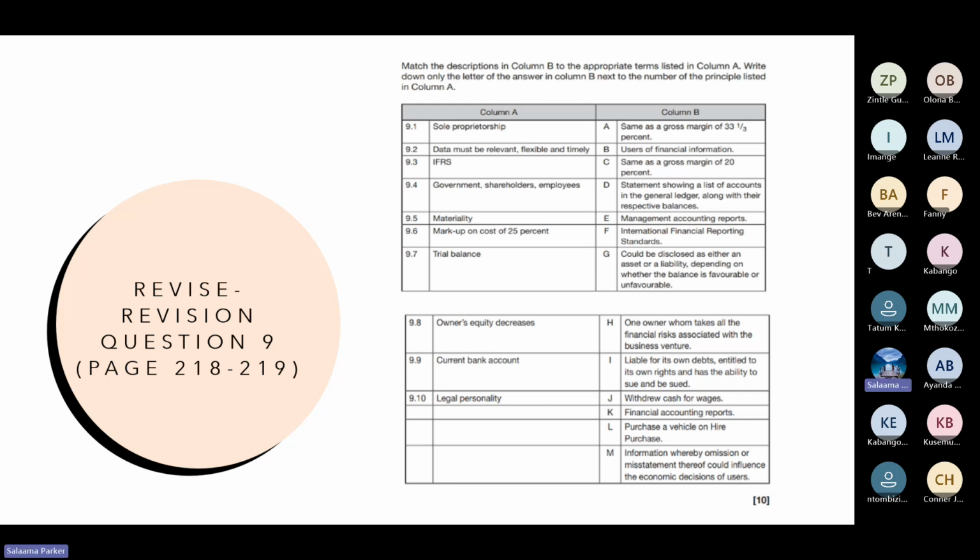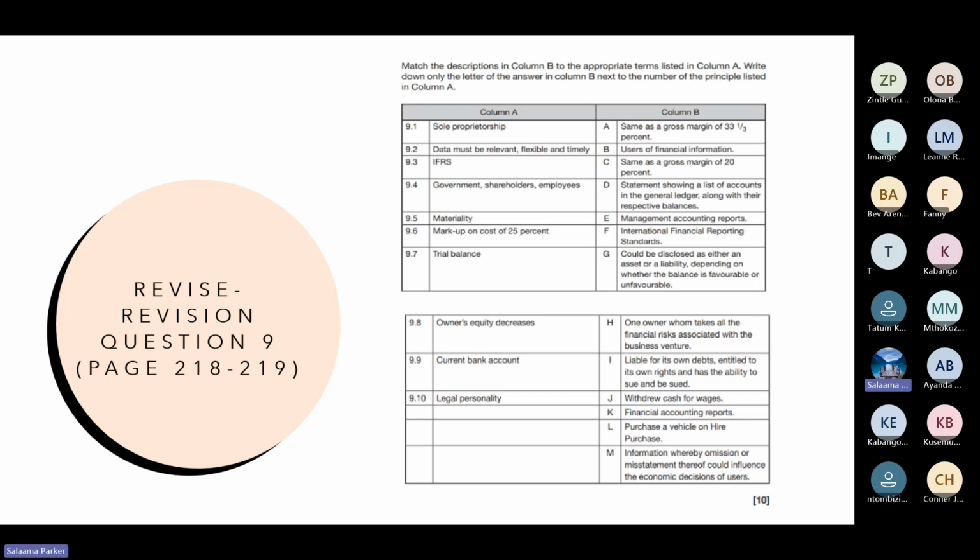A sole proprietor. What do you think? What is the answer for sole proprietorship? H, very good. That's right. That one is H. Well done.